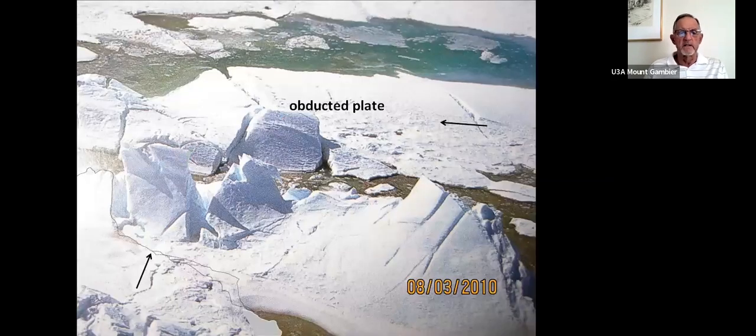And you can imagine the same thing happens in pack ice at the bow of a ship.